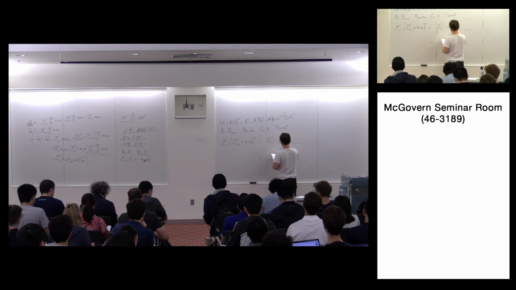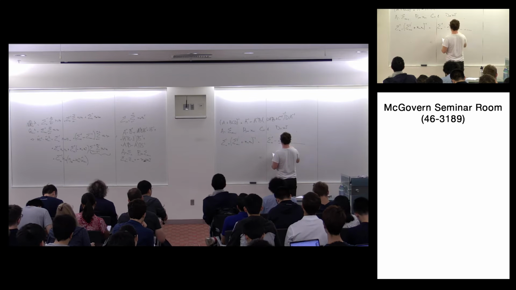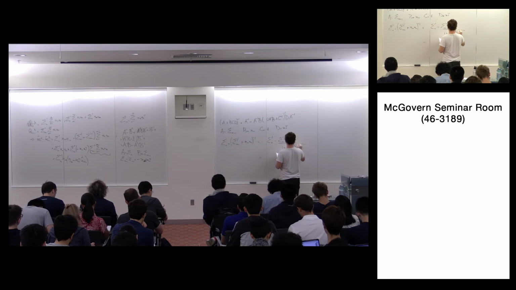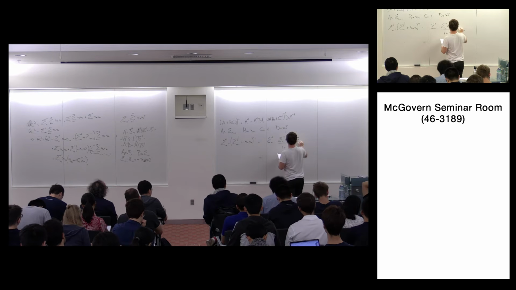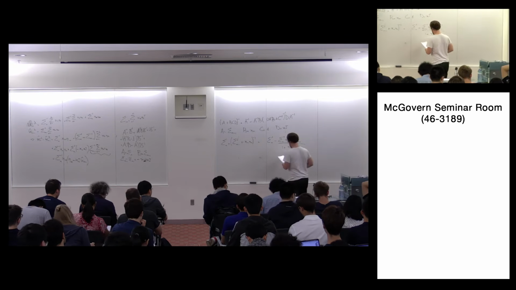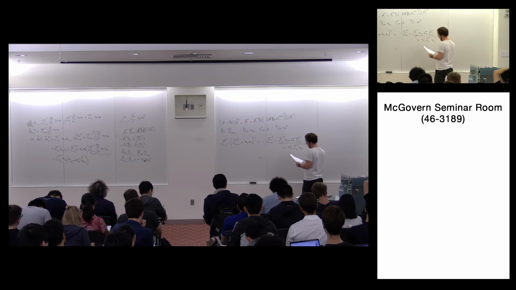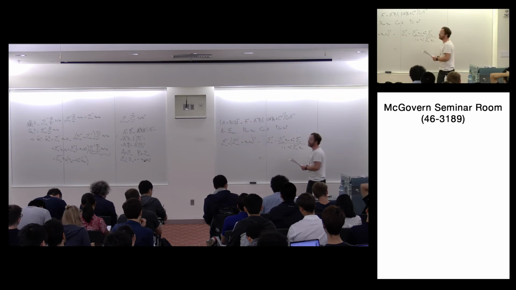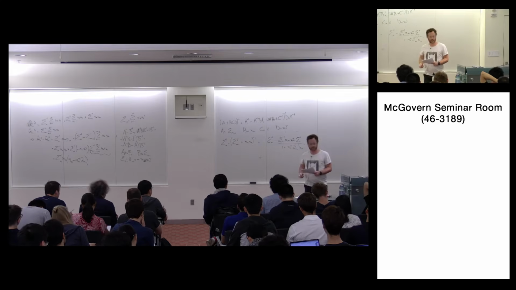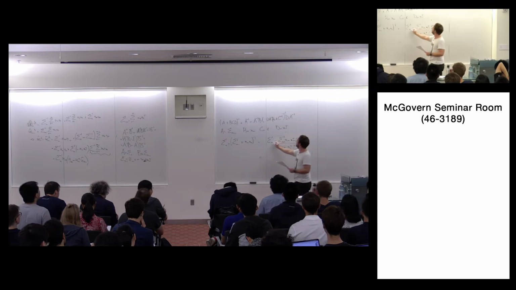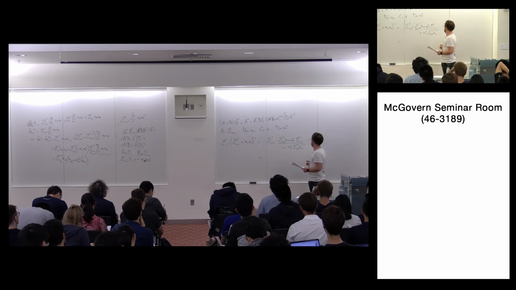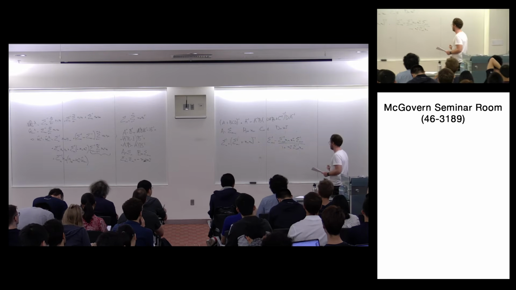And it becomes 1 plus xn transpose sigma n minus 1 xn, to the minus 1, times xn transpose sigma n minus 1. Everywhere. Okay?